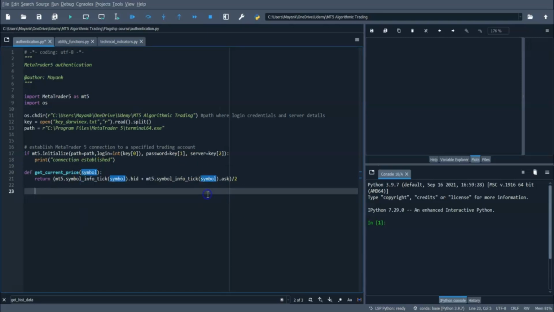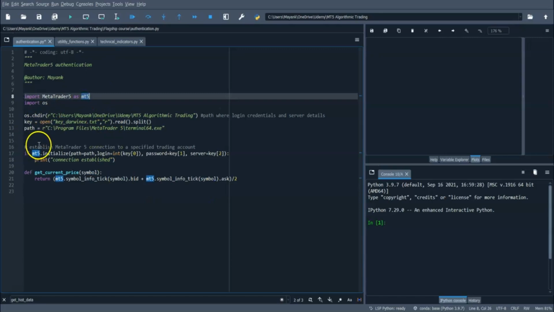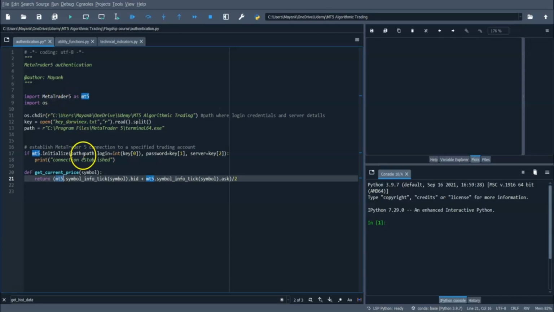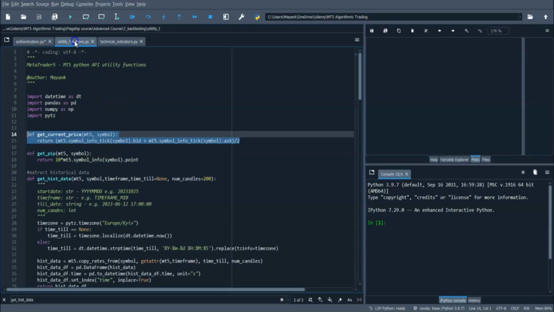And that was because we are already importing MT5 and creating an instance of the MetaTrader 5 object, and we also authenticate it. So this MT5, when you use it within this function, is already the authenticated MetaTrader 5 object. But when I take this function out of this Python script where I am importing and authenticating MT5, I will have to pass this as an argument.